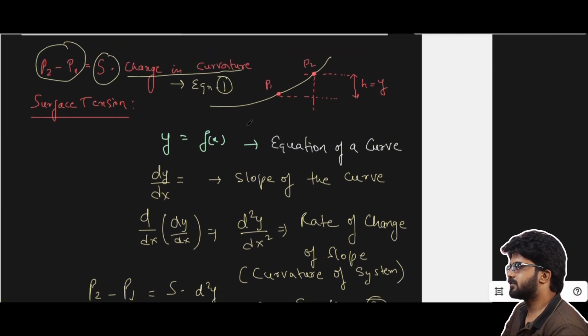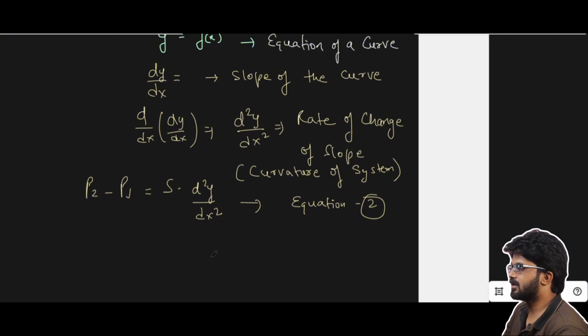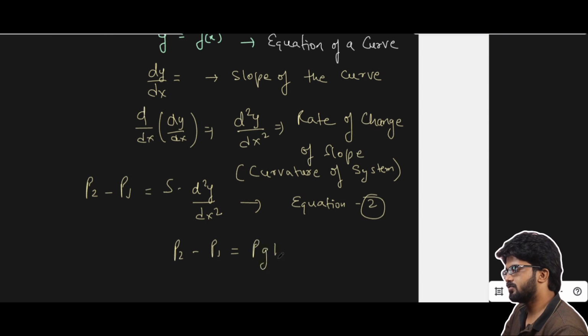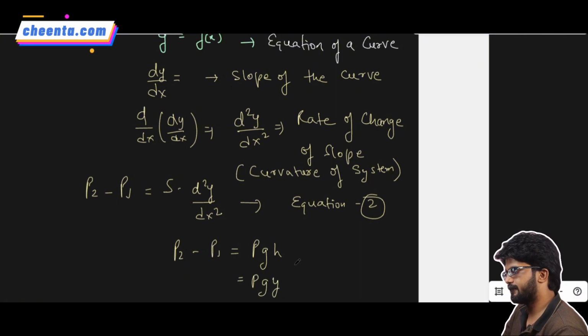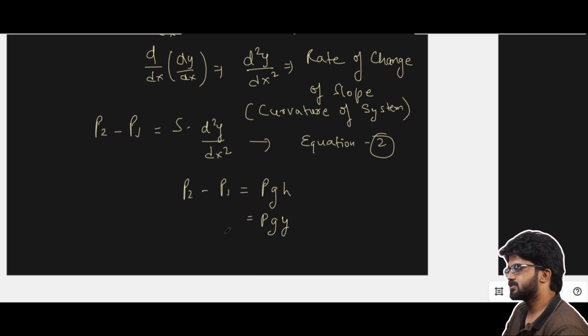Okay. So we have seen that this change in pressure between the two points results in the change in the height. So we can write P2 minus P1 is equal to rho g times h, where h is equal to y, so we can write it as rho g y. Then we can substitute this as P2 equal to P1 plus rho g y.